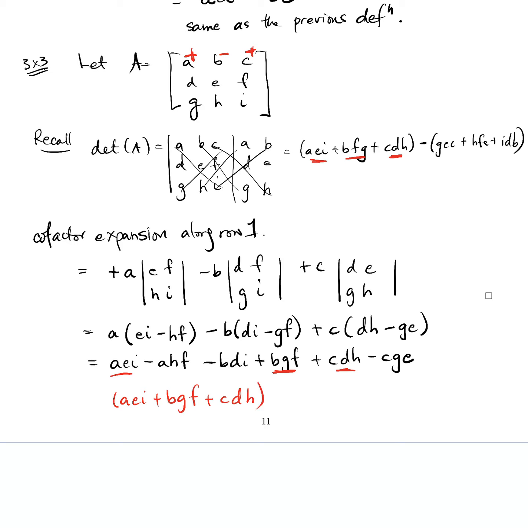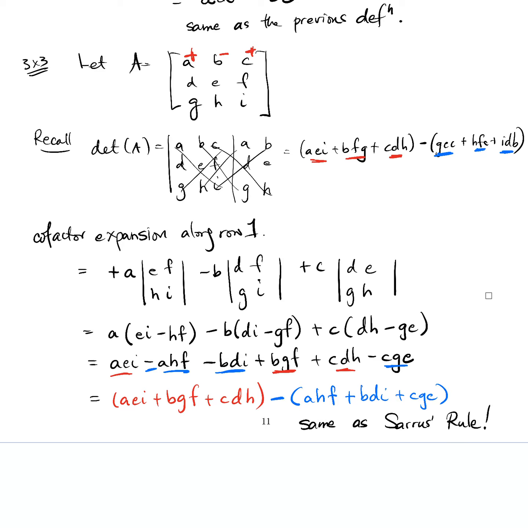And then our negative terms, we're going to factor out that negative sign, so minus, and we've got AHF, which is here, minus BDI, that is IDB, and CGE is exactly there. So we get minus AHF plus BDI plus CGE, and indeed we have the same expression, the same as Sarrus's rule.